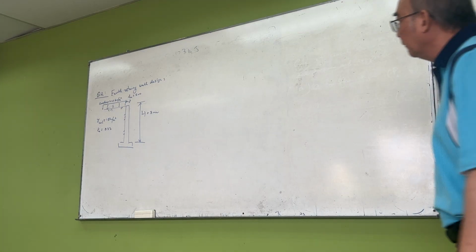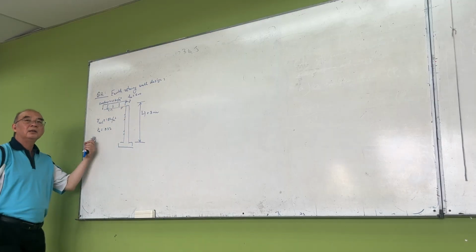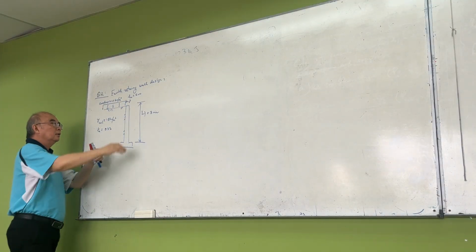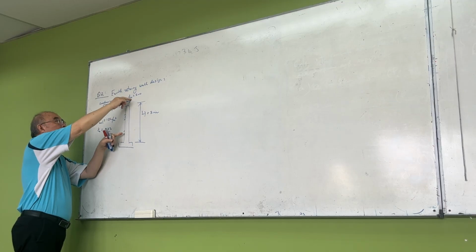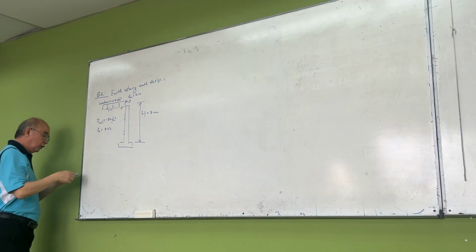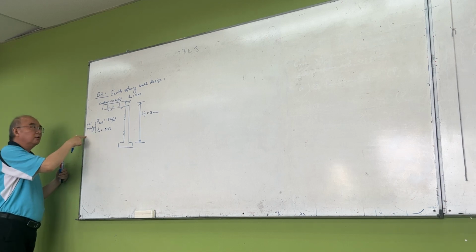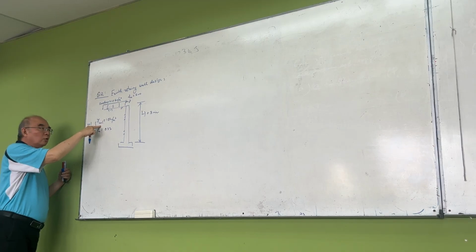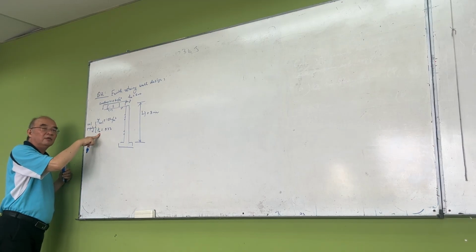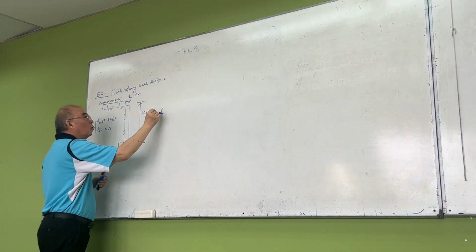Okay, so these are the data that I will give you: the height of the wall, the thickness of the wall, the soil properties, and then the surcharge. Mainly this one and this one are the wall properties, and this is the soil property. For the soil property, I'll give you the unit weight of the soil and the active pressure coefficient for the soil.